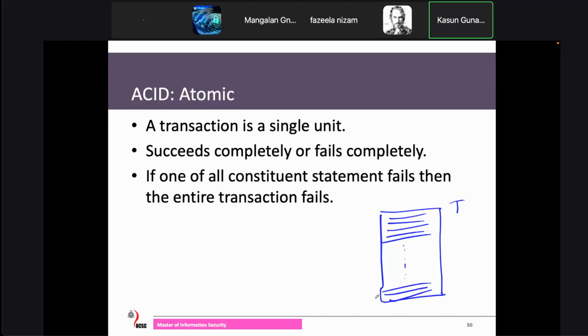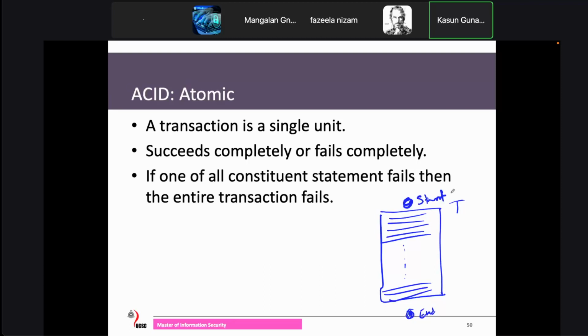So either this entire unit succeeds as a single unit or fails completely, right? It means if it succeeds from here to here, you will see the results of this entire transaction. This is the end, this is the start, right?